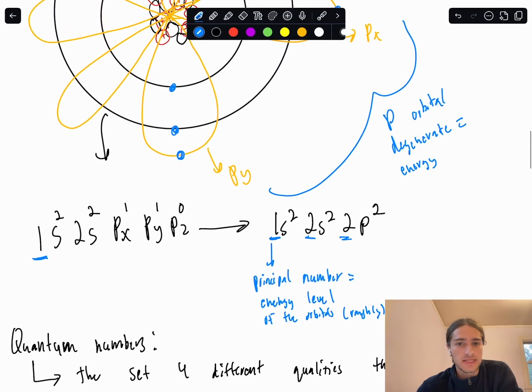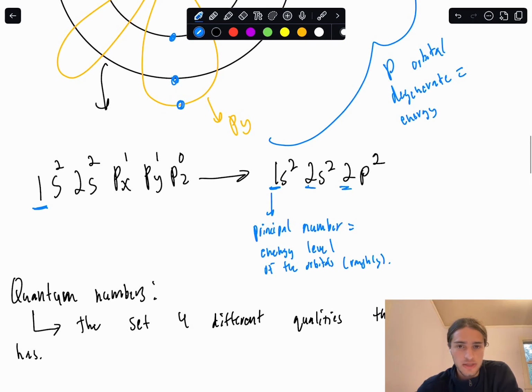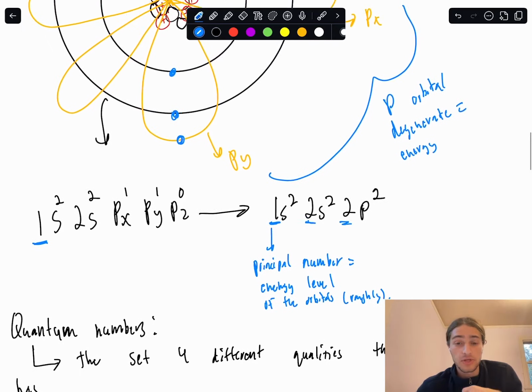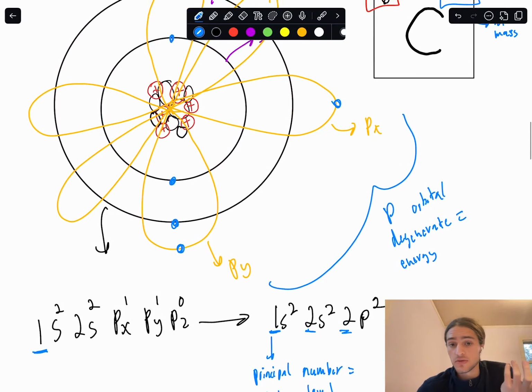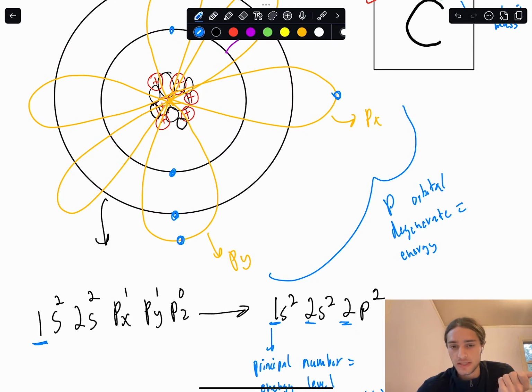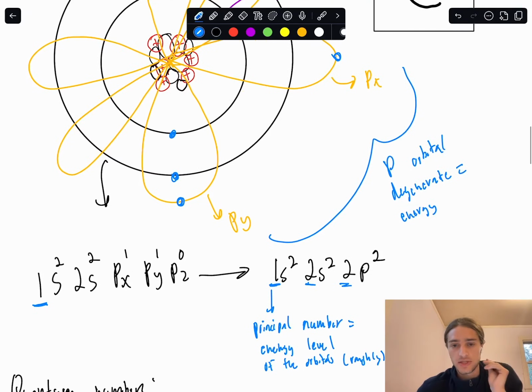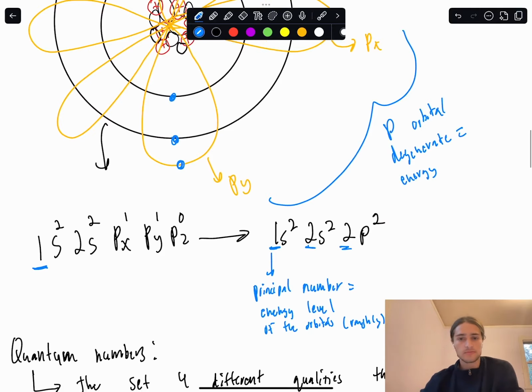They're not going to be exactly the same, and in general, s orbitals are going to be a little more stable, a little less energetic than p, and p orbitals are going to be a little more stable than d. But really, it's giving you a ballpark number. If we look at the fact that we have two different s orbitals here, it's saying that the 1s orbital is lower in energy. So that's the principal quantum number.